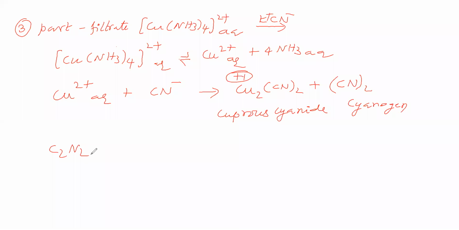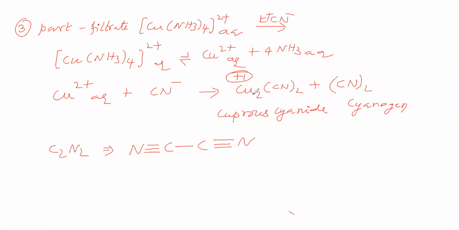Cyanogen, (CN)2, we can write as C2N2, or NCCN. Nitrogen can make a triple bond, and carbon can make 4 bonds, so cyanogen we can write like this. So this cyanide undergoes oxidation to give cyanogen.